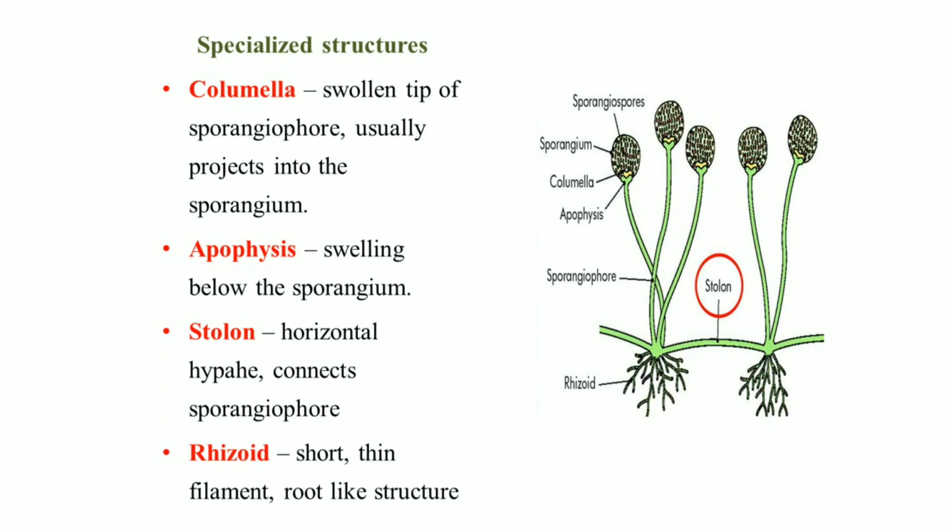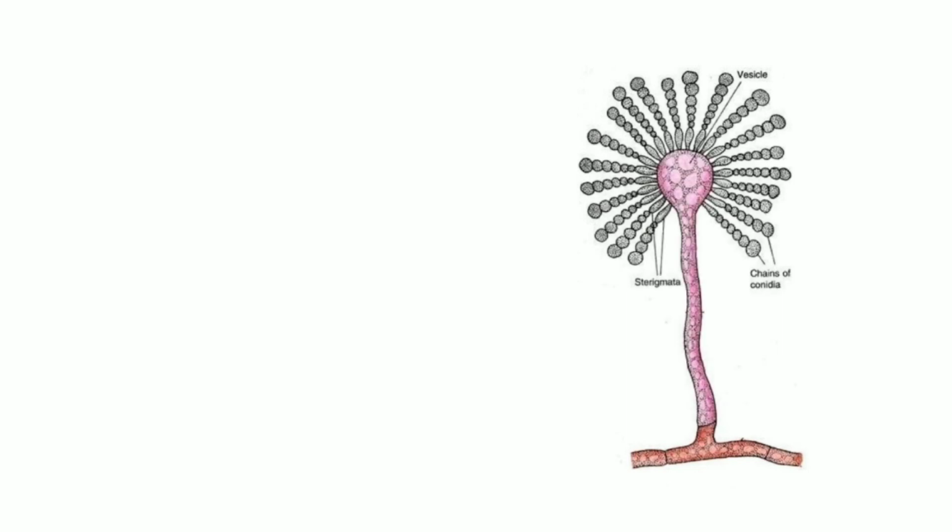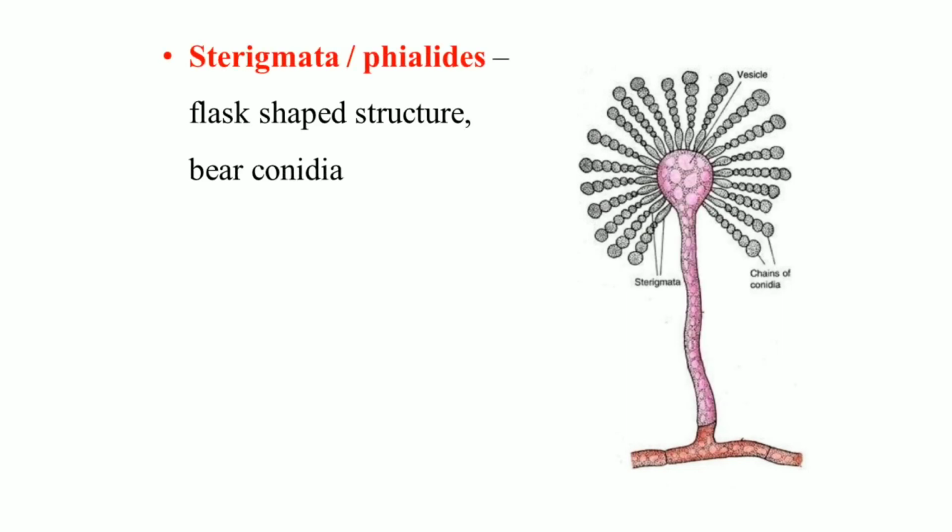Short, thin, root-like filament structure. Sterigmata or phialides. A flask-shaped structure that contains conidia, foot cell, and the basal cell of the conidiophore.